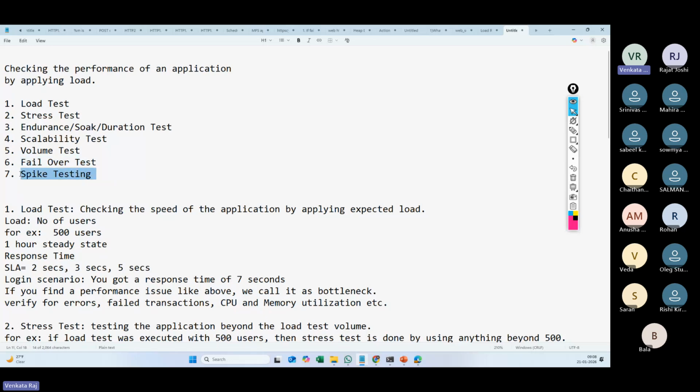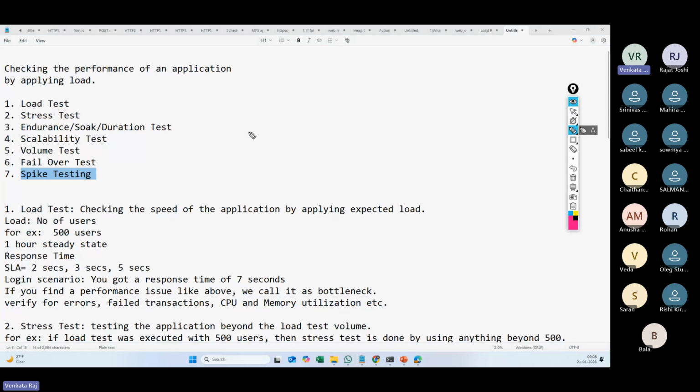Spike testing is where we want to analyze how the application responds when there is a sudden spike. What do I mean by a sudden spike? When there is a sudden increase in the user load, how does the application respond?